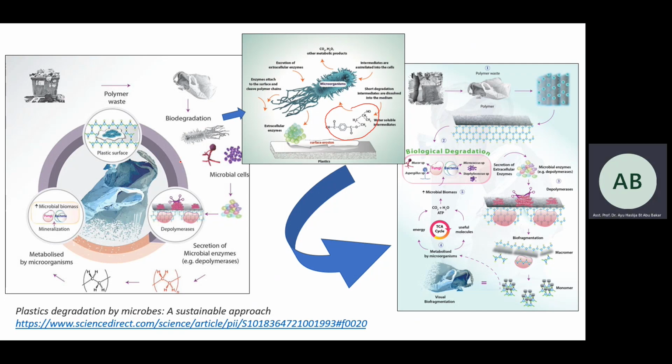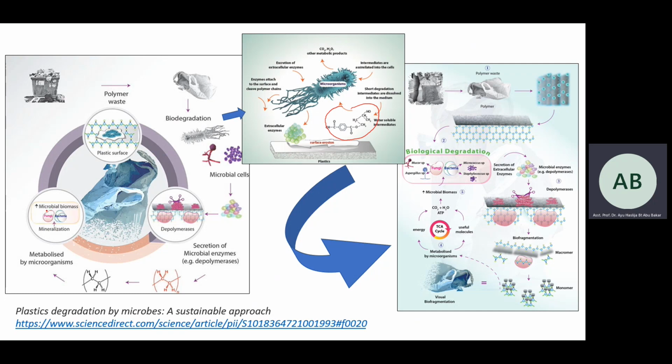Okay, this is the summary of the process, the plastic biodegradation by the microbes. It depolymerizes through the chain scission process, the bond breaking, converting into monomers that are metabolized by the microbe. So it will absorb and consume, and release biomass.